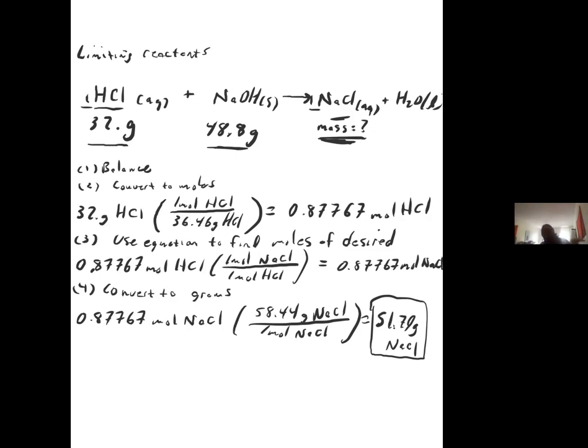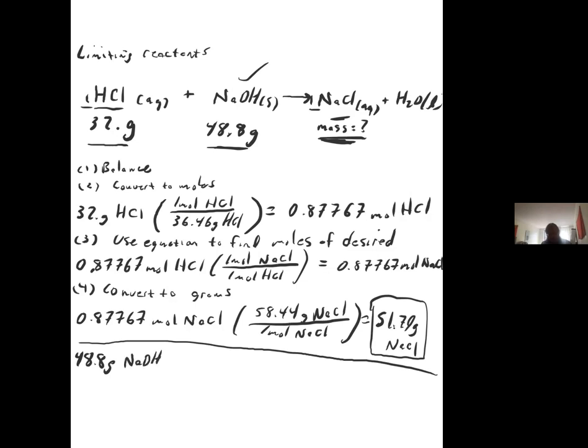Why? Because we want to know the maximum amount of NaCl. To find that, we have to figure out which one of the reactants is limiting and then figure out the smaller of the 2. So I'm going to go through and do steps 2, 3, 4 again, but using the NaOH. 48.8 grams of NaOH.